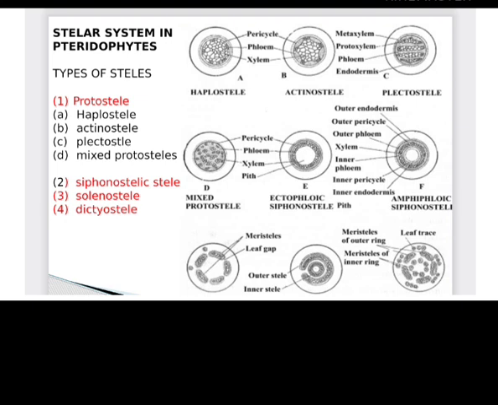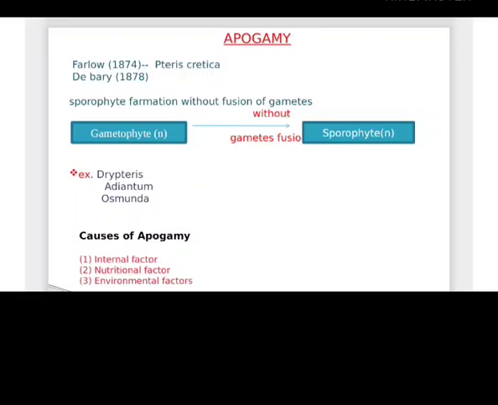This is the diagram of the stelar system. And actinostele, again you can see the star-shaped xylem. These are the structures of the stelar system present in different types of pteridophytes, so you can differentiate here.